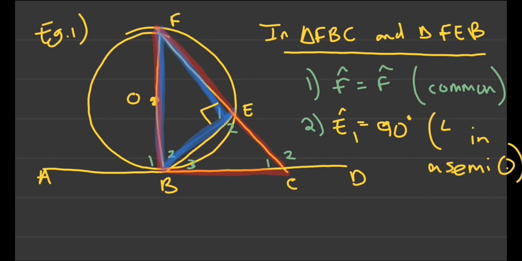That's a nice spot from you. But there's another angle that's also 90 degrees. An angle in triangle FBC. So is it both B2 and B3 together? Yes. So angle FBC is 90 degrees. That is B2 and 3 together. Do you have a reason for why that's 90 degrees?